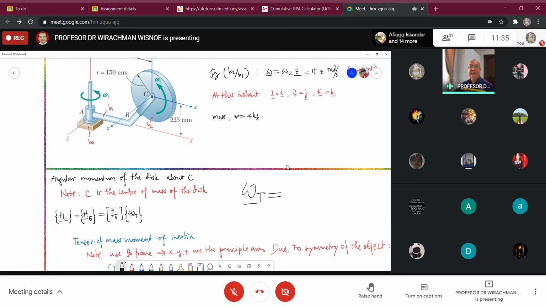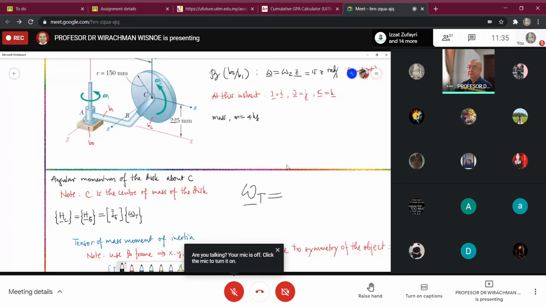Total is vector addition of each component. Omega t. Please participate.